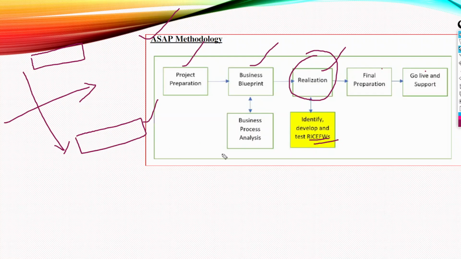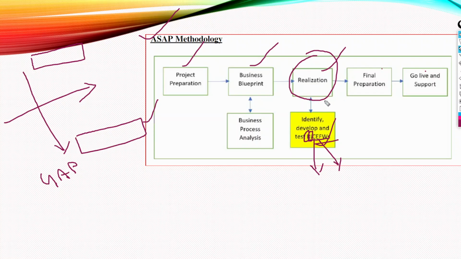We have already discussed that if it is not achieved in standard, we call it a gap. If it is not in standard, then we go with the RICEF concept, whether it is a custom report, or establishing a connection between 2 different systems, or data migration, or enhancements like user exits, customer exits, and so on and so forth.